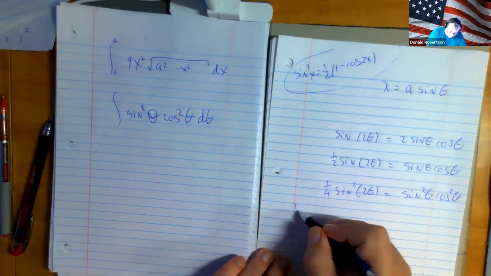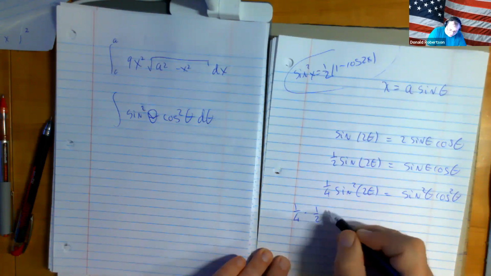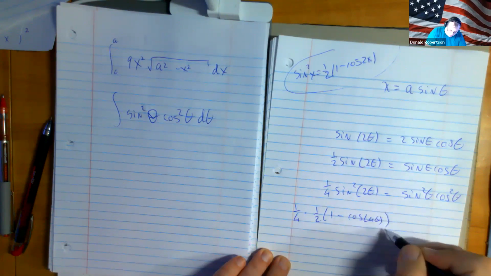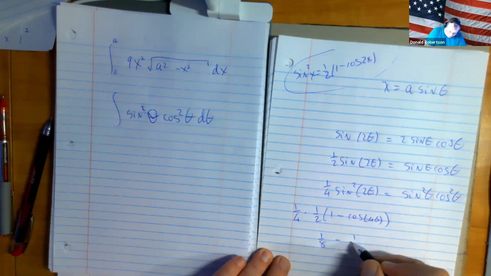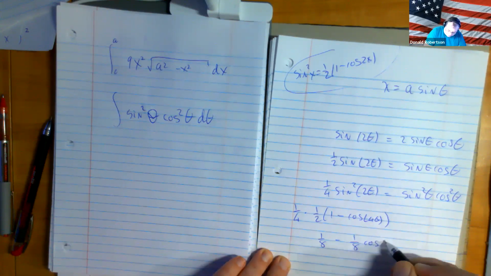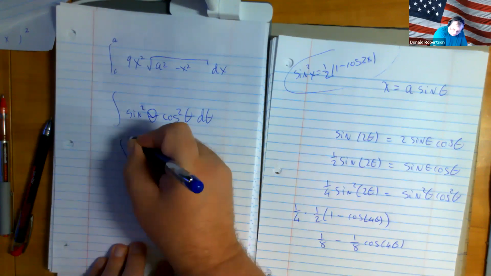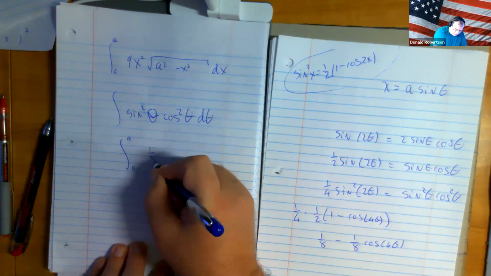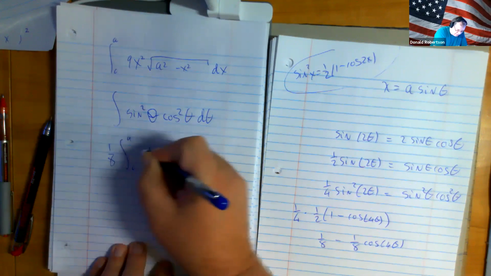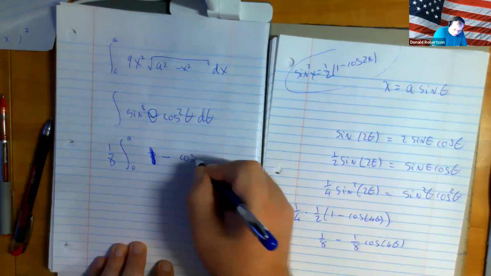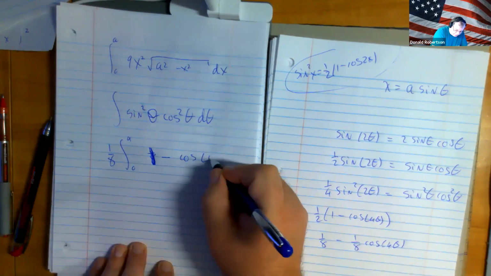So this is going to be 1/4 of 1/2 of 1 take away the cosine of 4 theta, which is 1/8 take away 1/8 the cosine of 4 theta. So this becomes 1/8 of 1 take away the cosine of 4 theta.